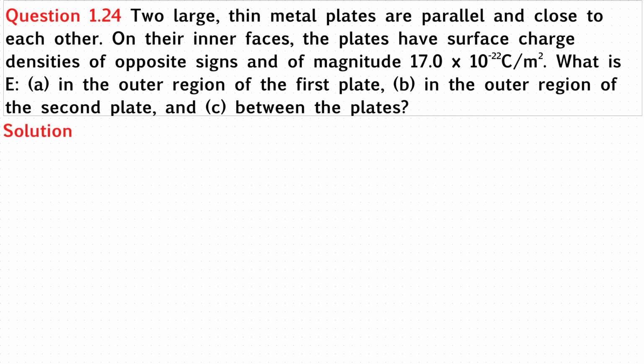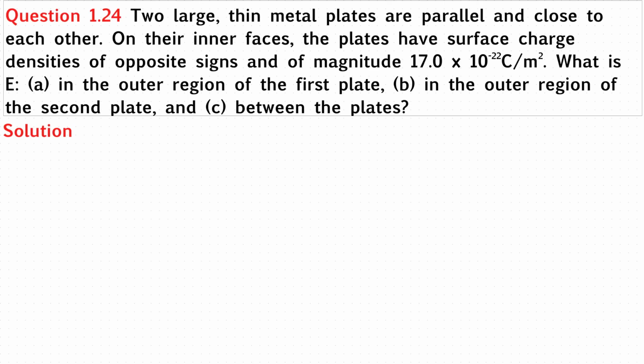Then what is E, that means the electric field: A, in the outer region of the first plate, B, in the outer region of the second plate, and C, between the plates.